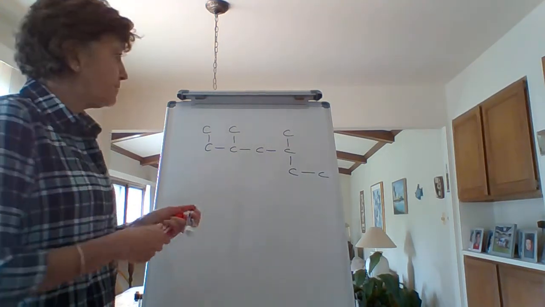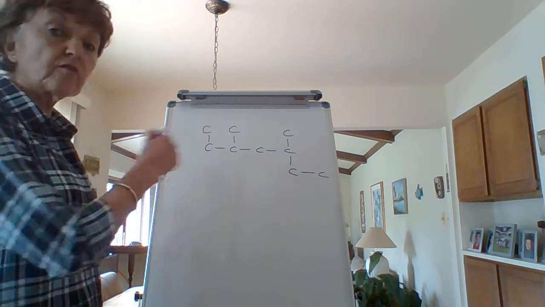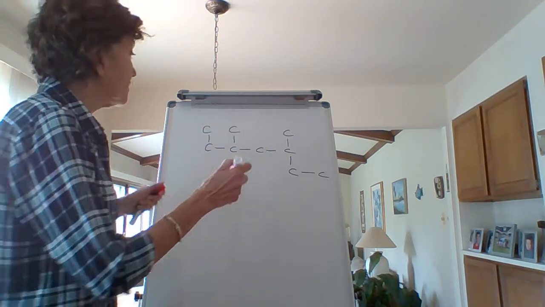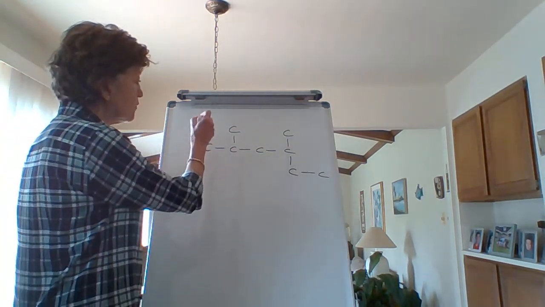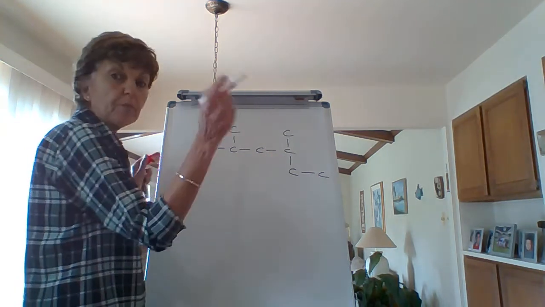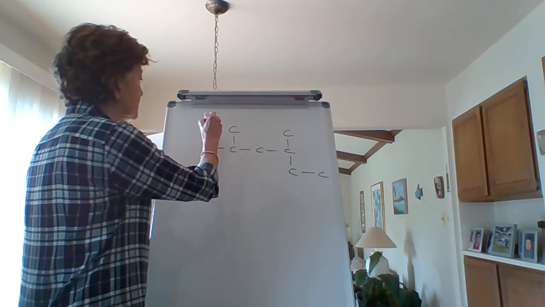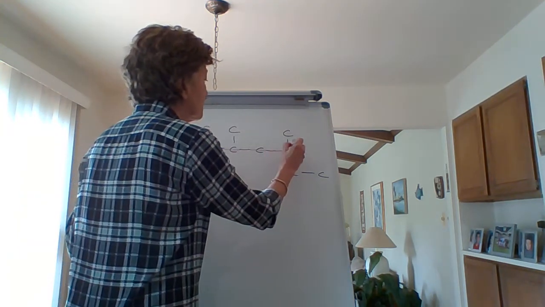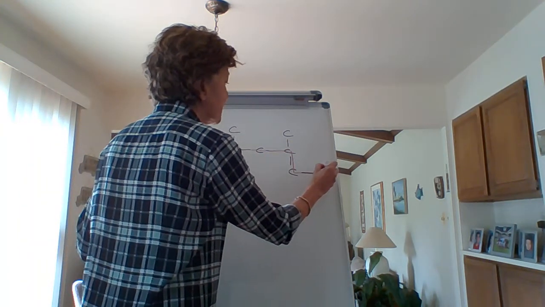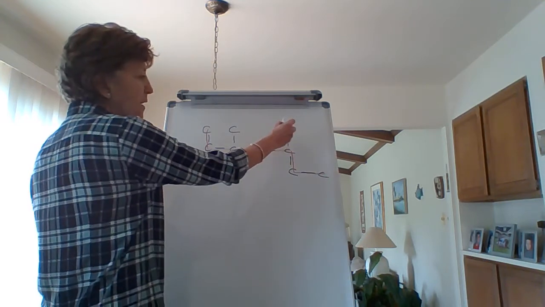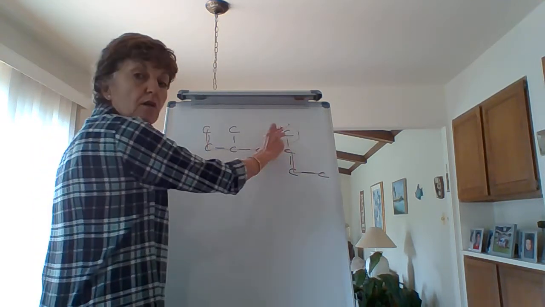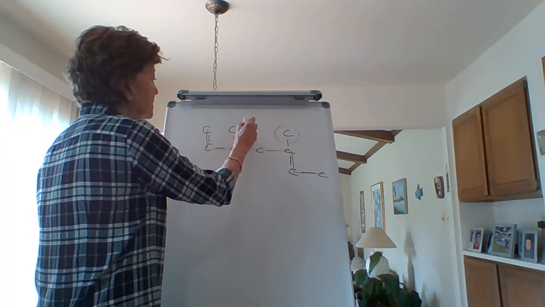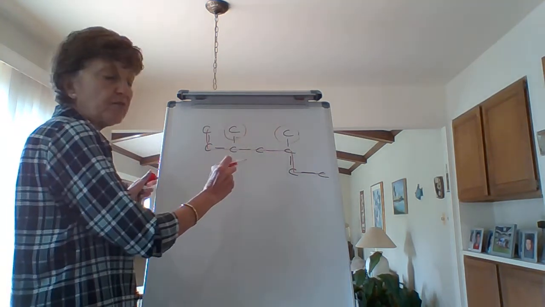Longest parent chain. So you start at either end, okay? And remember, you go through all the carbons without picking up your pen. So if I start here, let's say I'll go 1, 2, 3, 4, 5, 6, 7. I'd have to pick up my pen to get this one, so that's not part of the parent. I have to pick up my pen to get this one, that's not part of the parent.